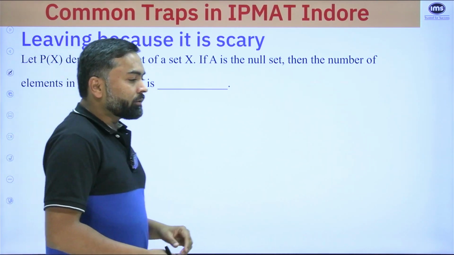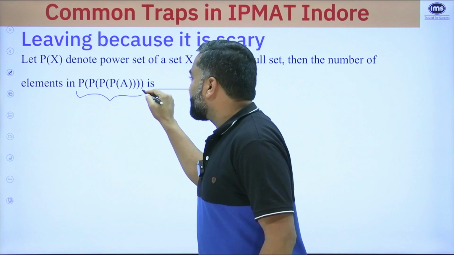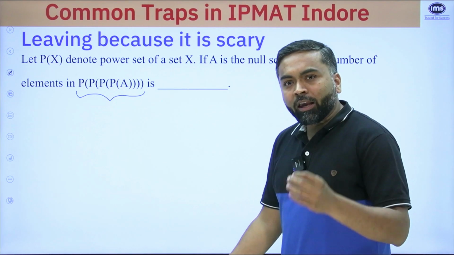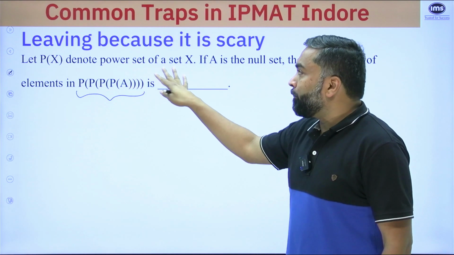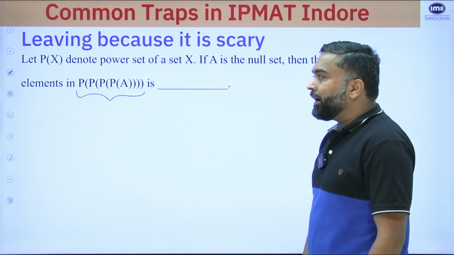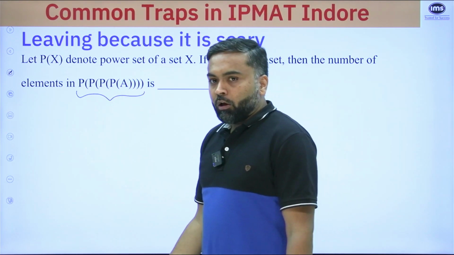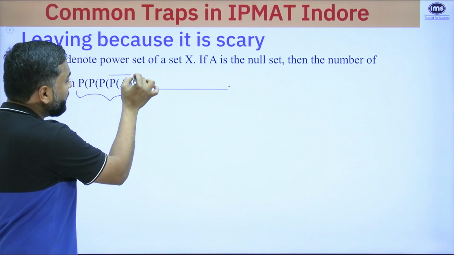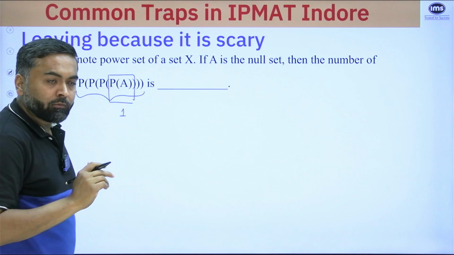If you look at this question, looking at this expression, a lot of students will leave it. Again, this is a type A question. Let P of x denote the power set of x. If A is a null set, then the number of elements in P of A is how much? Now, if it is a null set, the power set of A will have one element.